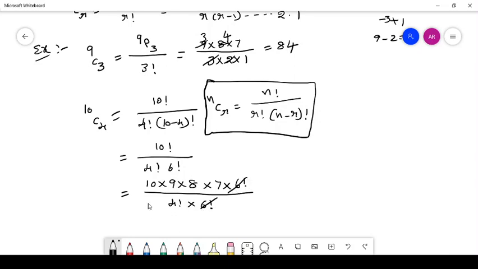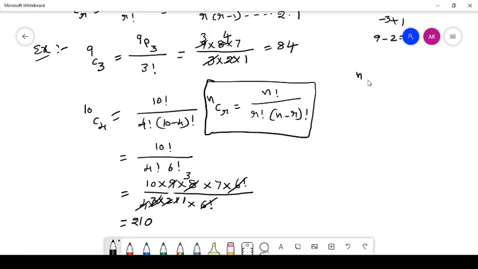Next, 4 factorial is nothing but 4 into 3 into 2 into 1. So 4 2s are 8, 3 3s are 9. So complete result is 210. So 10C4 result is 210.